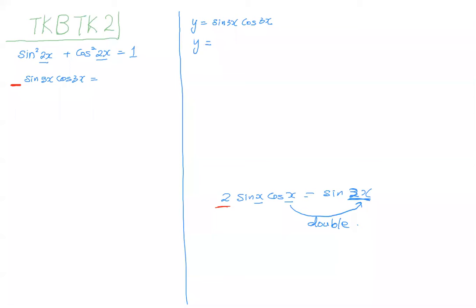No, there's a 1. So can you please tell me what is the answer? Is it sine 3x? No, sine 6x is correct. But here there is a 2, here is without the 2. So what should I do? Half. Yes. You see?